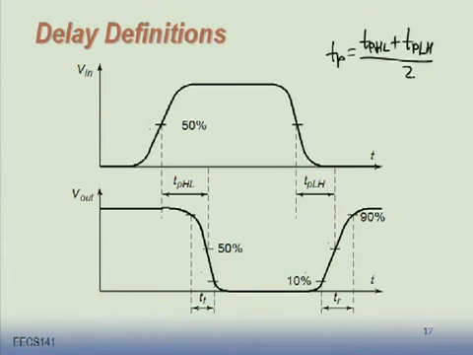Does this average have any physical meaning? Do you ever see this average propagation delay when you're trying to time the path? No, you only see TPHLs and TPLHs. But why do you care about the TP?